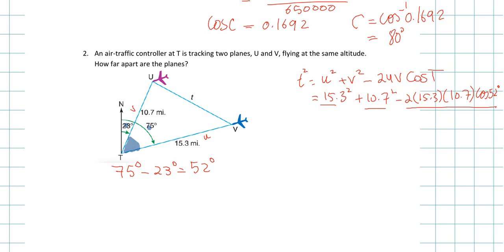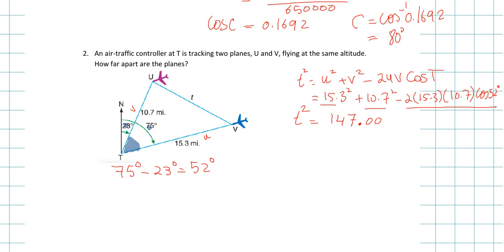Did you enter it all together in the calculator? What did you get? 147 point what? 0, 0? Okay. Now I'm trying to find what? T. So what do I need to do? Square root.